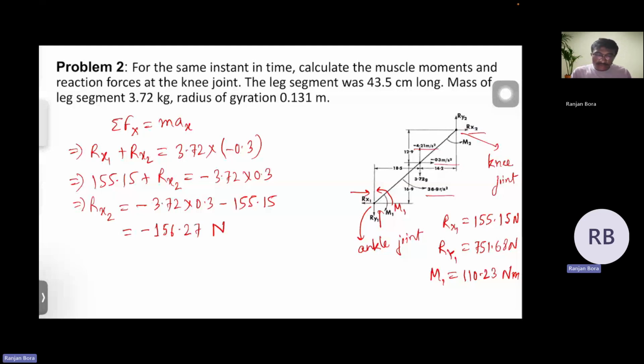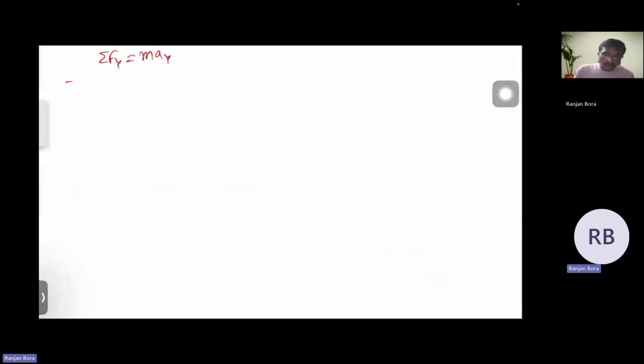So next we'll use the next equation, which is summation Fy equal to m ay. And what are the forces acting in the y direction? Ry1, it is acting in the positive direction.